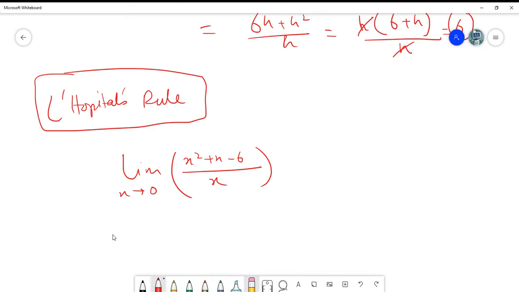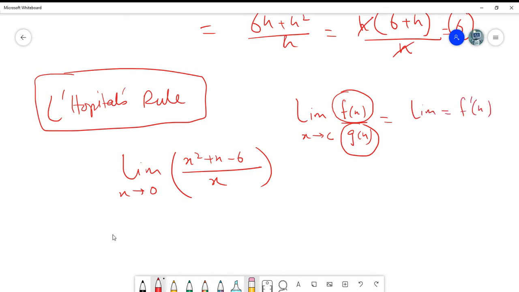So L'Hopital's rule says that if you have to find the limit of any function which is a fraction, a denominator combined with a numerator, then what we can do is differentiate both the functions separately and then use the value of the limit given.